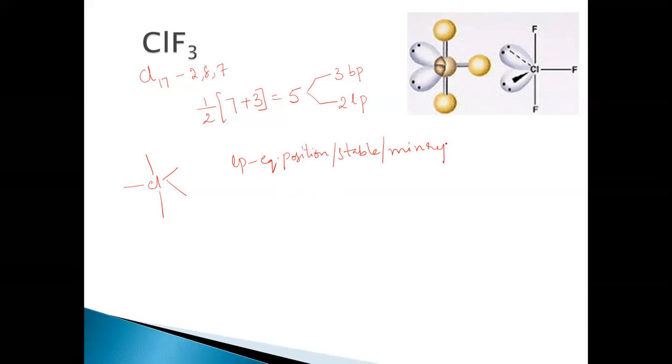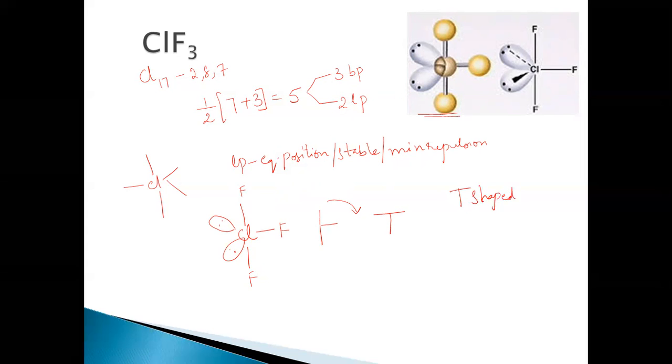So this is the shape of the molecule when the lone pairs are placed at the equatorial position. This is Cl here, these are the lone pairs, and one F in the axial position, the other F in the axial position. And now how does it look? T, right? When we tilt this, it is a T-shaped molecule.